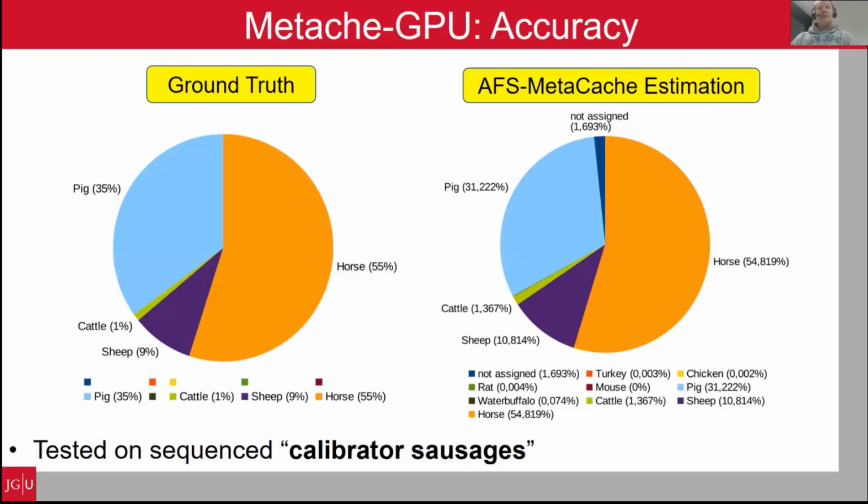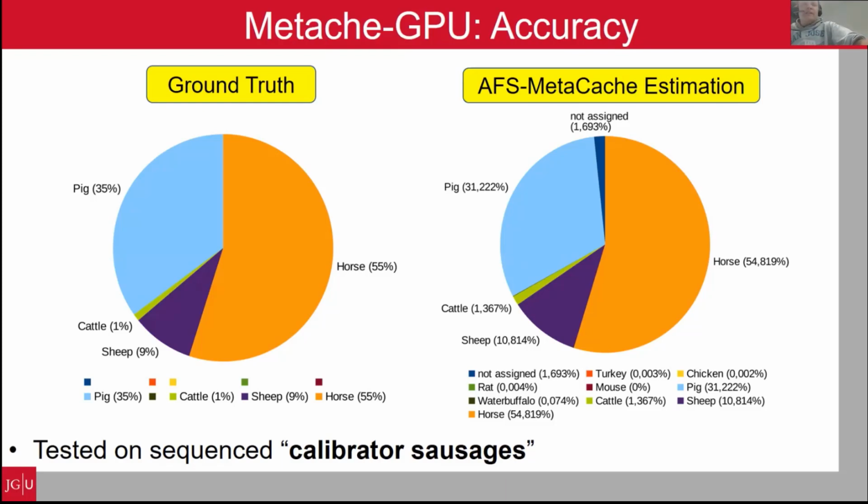So this Metacache-GPU version was evaluated first in terms of accuracy. When we used the sausages that we sequenced, could we really find out the ingredients of the sausages? Here is one example. We had many sausages, all called calibrator sausages.